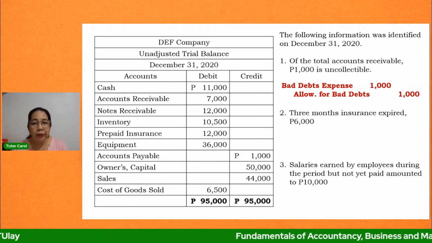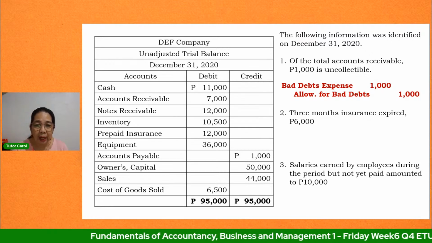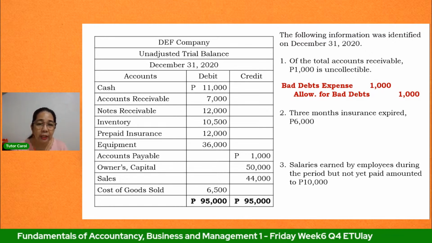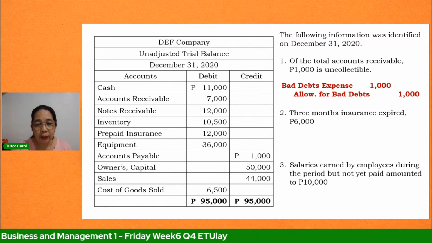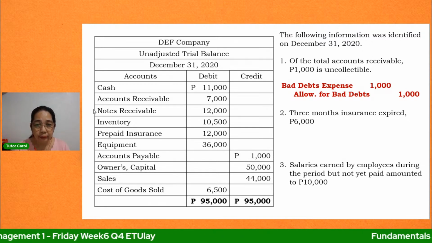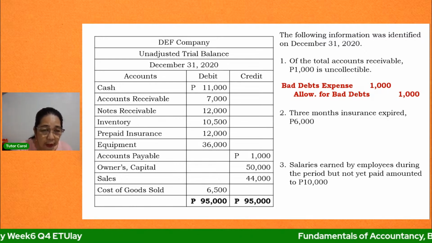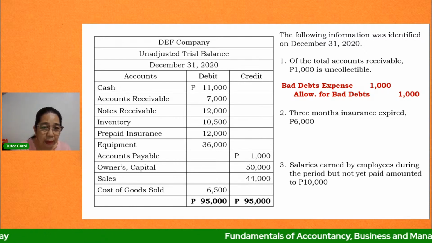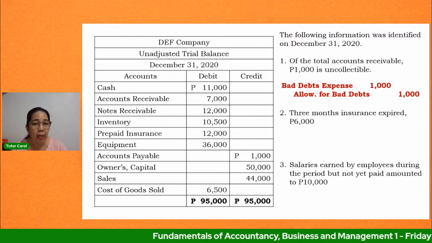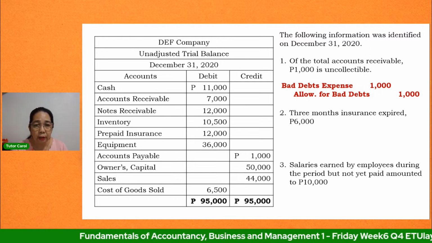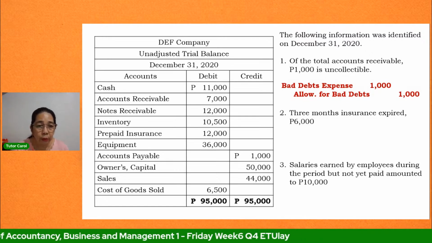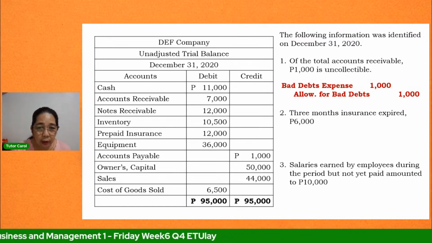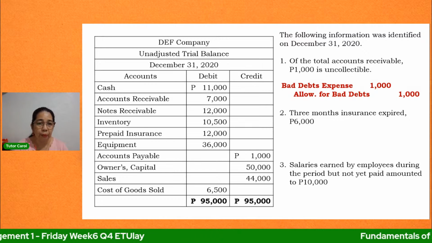Number 2, 3 months insurance expired, 6,000 pesos. What type of adjustment is that? And you look at that unadjusted trial balance kung anong method ang ginamit niya. Gumamit ba siya ng asset method or expense method? Anong nakikita niyo dyan? 3 months insurance expired.